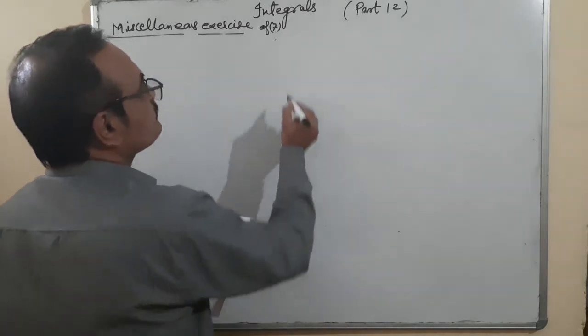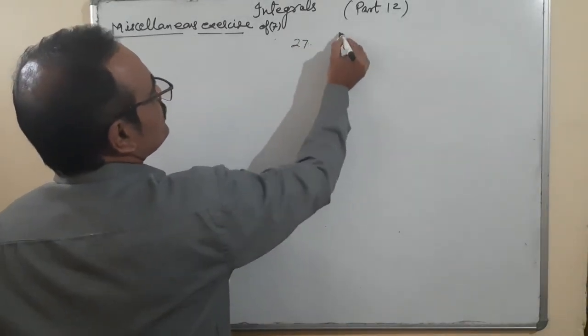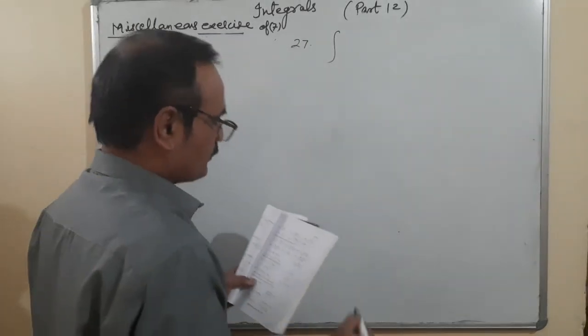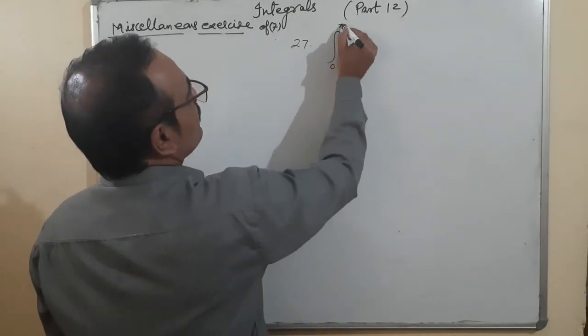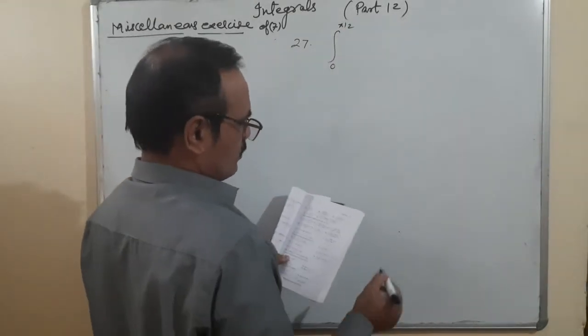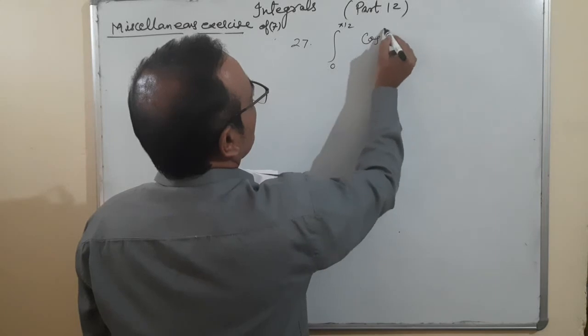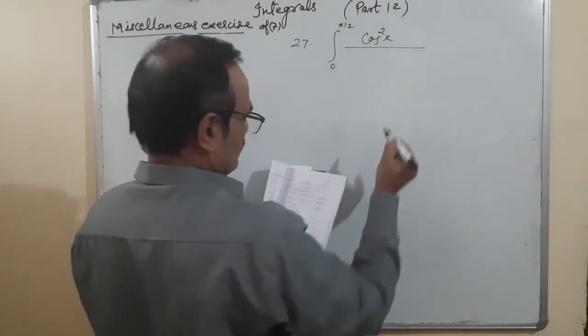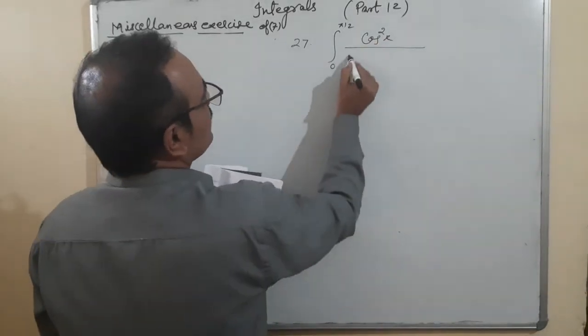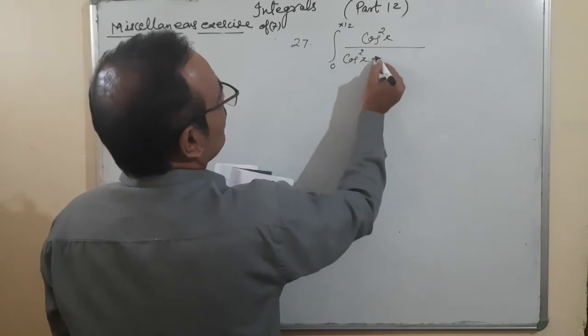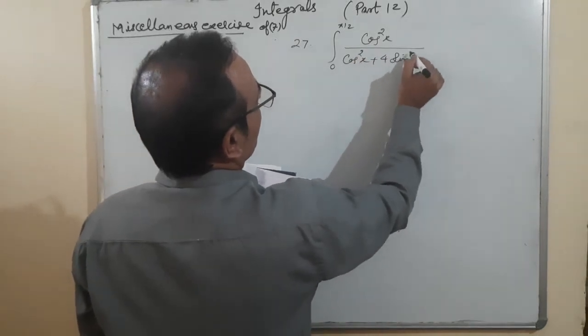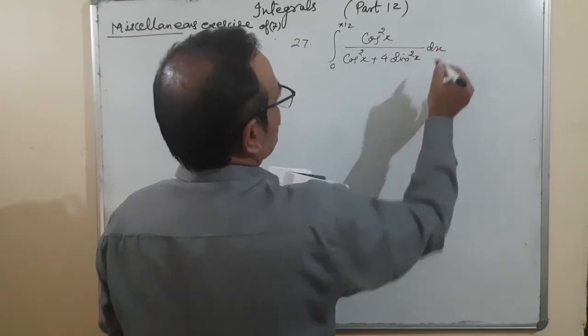Question 27. I told you all the questions are very interesting and very different type of questions. Integral from 0 to pi by 2 of cos square x upon cos square x plus 4 sin square x. How to solve it?